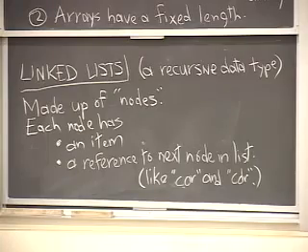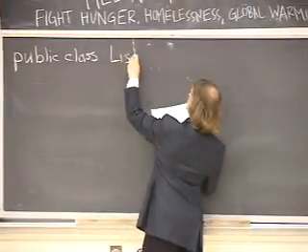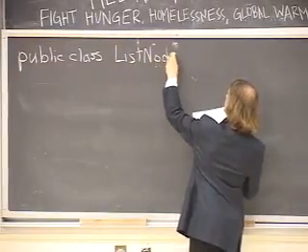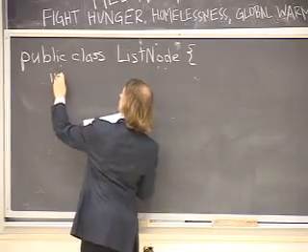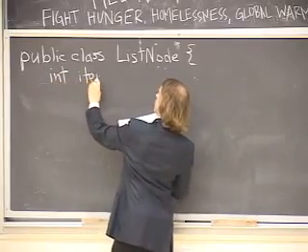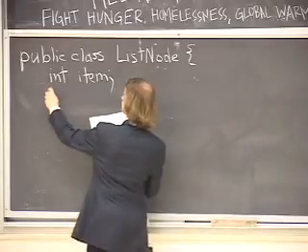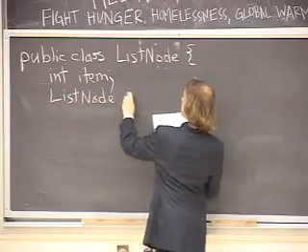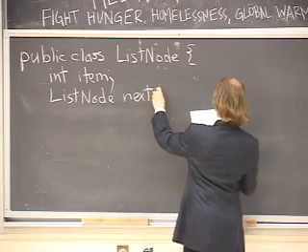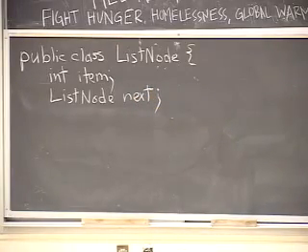Public class ListNode. We'll have an item. For now, we'll just use ints, because that's simple. And a reference called next, which is pointing to the next node in the list.